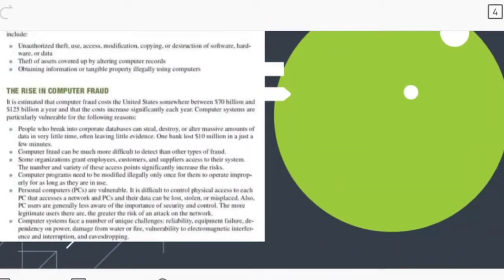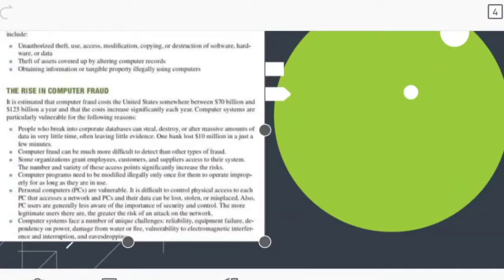So computer systems face a number of unique challenges: reliability, equipment failure, dependency on power, damage from water or fire, vulnerability to electromagnetic interference, and interruption and eavesdropping.